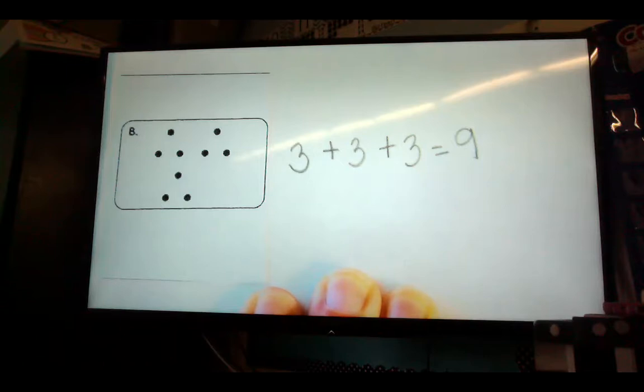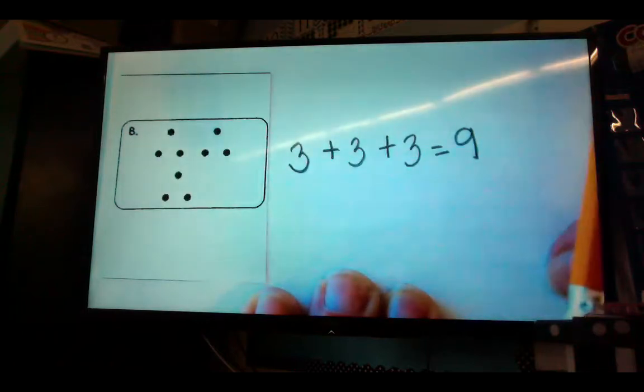It does. Let's read the equation together. 3 plus 3 plus 3 equals 9. Nice job, friends. Let's look at another.